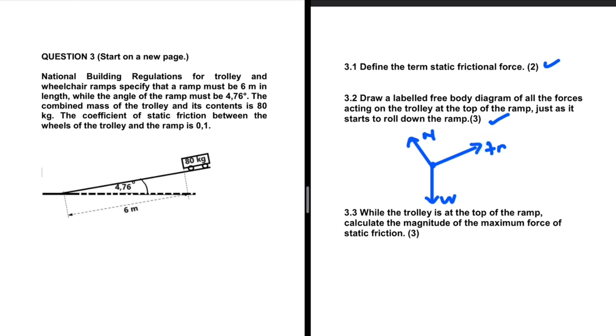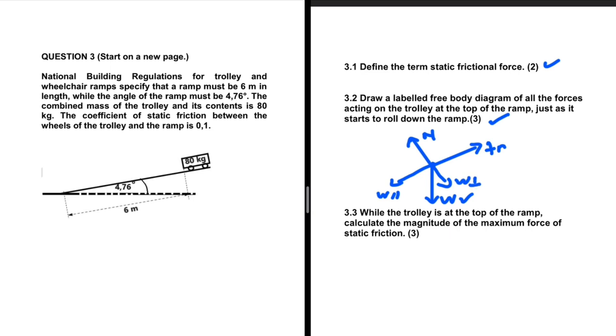Let's talk about that. The normal force is perpendicular to the surface, so it plays no role in the parallel motion of the object relative to the surface. What plays a role is the weight. And why am I saying so? We can resolve the weight into its parallel component and its perpendicular component.